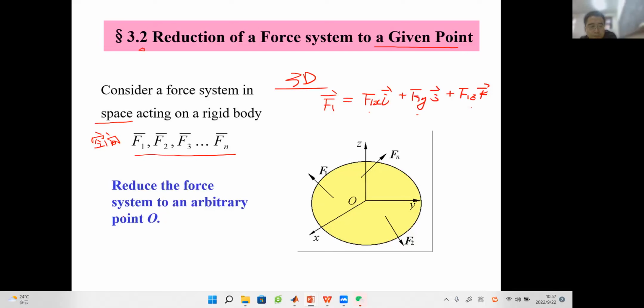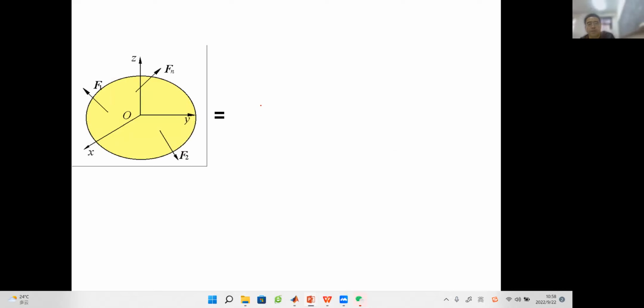So, reduce the force system to an arbitrary point O. We will select this arbitrary point O and let O be the origin of this coordinate system. Then what will we do? Reduce it. How will we do that?